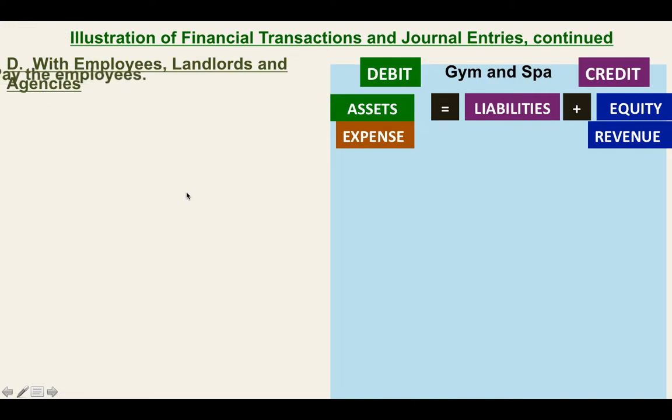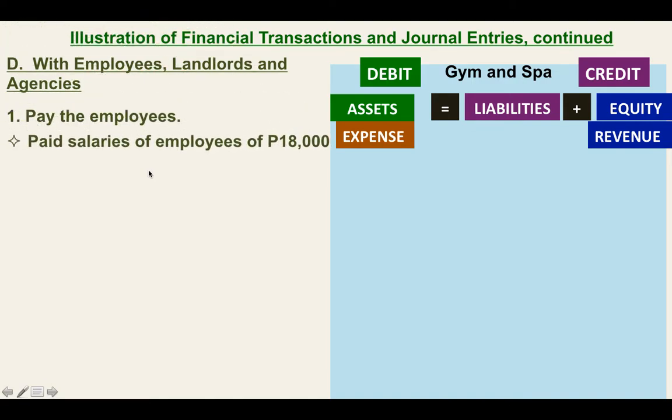The transaction is paying the employees. This is the detailed transaction: paid salaries of employees of 18,000. In this case, what did the business receive? The services of the employees. And in accounting, that service is called salaries expense.